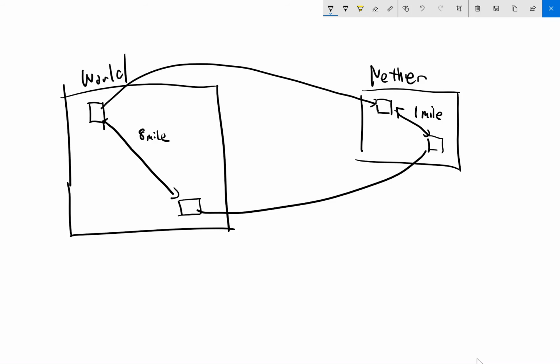This is very similar to Fourier series or general Fourier transformation. The real world is the time domain, and the Nether world is the frequency domain. The portal that goes to the Nether is the Fourier transformation, and the portal that goes back to the real world is the inverse Fourier transformation.